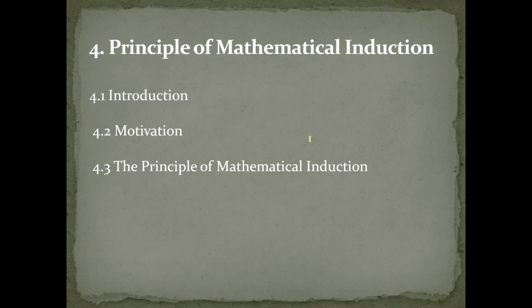And then you'll be motivating the application of the method by looking at natural numbers as a least inductive subset of real numbers. And the principle of mathematical induction and simple problems based on summation only. So these are the things that you'll go through in this topic.